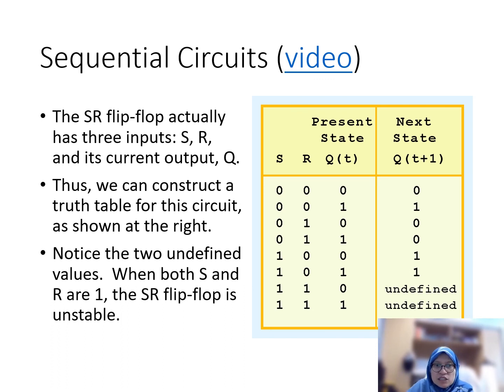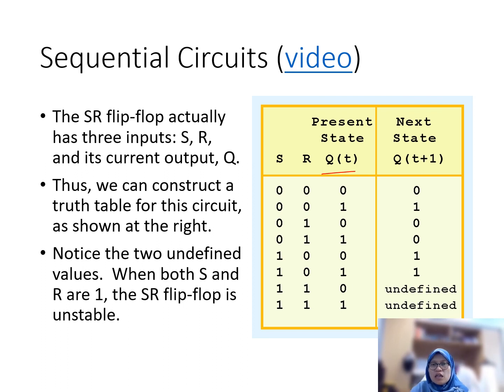We can see on this truth table here, the SR flip-flop actually has 3 inputs, which consist of S, R, and QT, which is the present state, or we can say its current output. Thus, we can construct a truth table for this circuit.